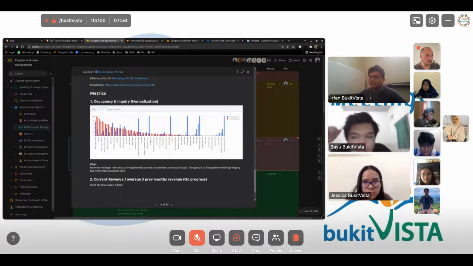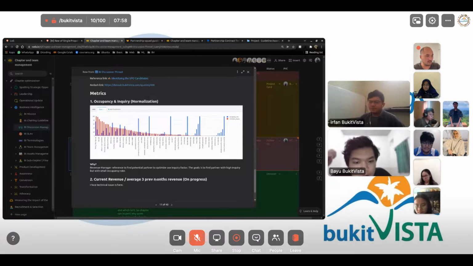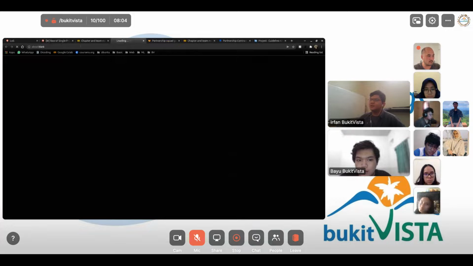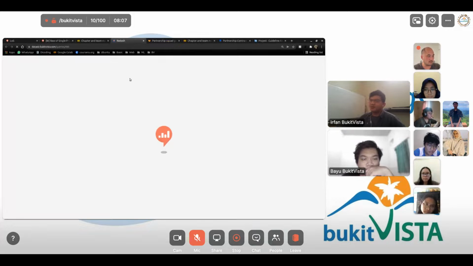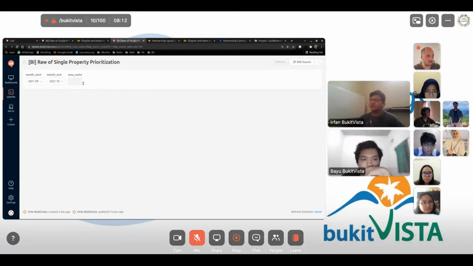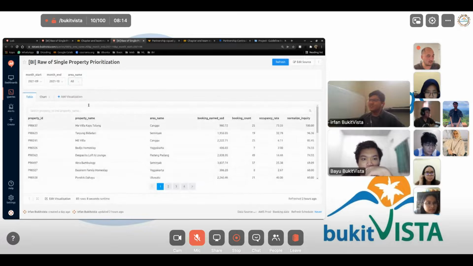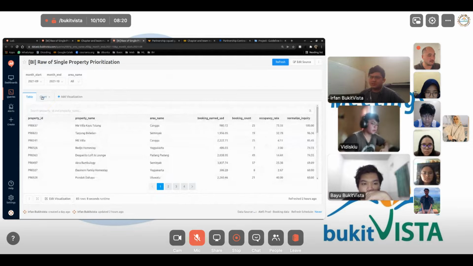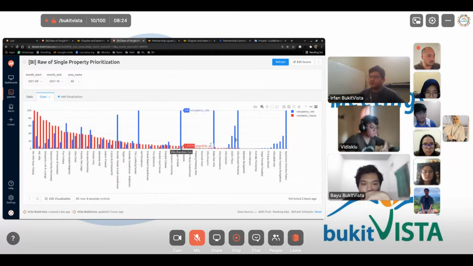Irfan, quick question. Is this all the properties that we manage? No, wait. It's by region. Oh yeah, this is all the properties we manage. I think the joins, Irfan, in the initial query, because there is zero revenue, is not included.